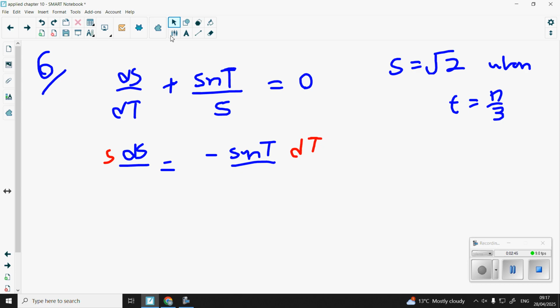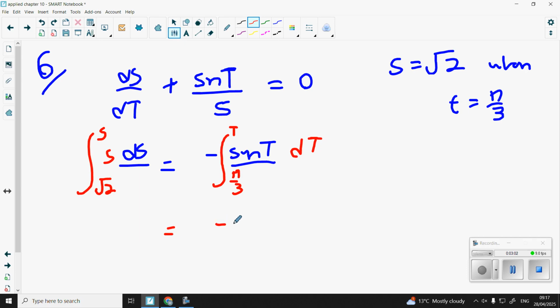I'll take the minus outside the integral, and I'll integrate both sides with limits root 2 and s, and t and pi over 3. Well, I'm going to integrate sine t. So double negative cos t, yeah? Double negative cos t is just cos t.